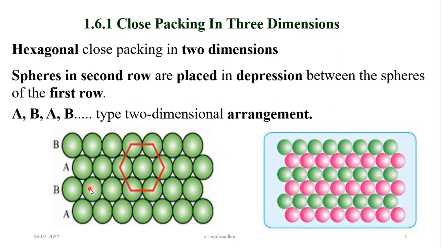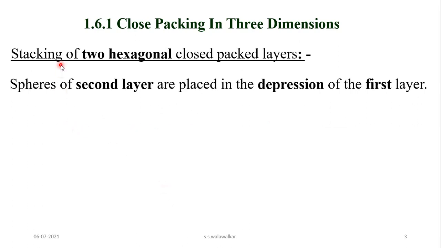These two types of triangular spaces are arranged in an alternate manner in the hexagonal close packed structure in 2 dimensions. Now we will see the stacking of 2 hexagonal close packed layers.